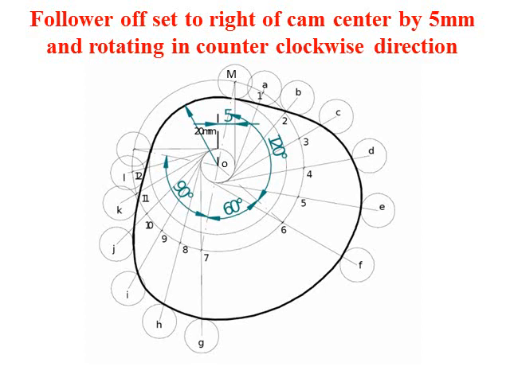We have to draw the rollers for all the points, that is from A to L. Next, join the bottom of the rollers by a smooth curve. So that curve is the CAM profile. So this is how we need to draw the CAM profile when the follower is offset and rotating in the counterclockwise direction, and the follower we are using is roller type.